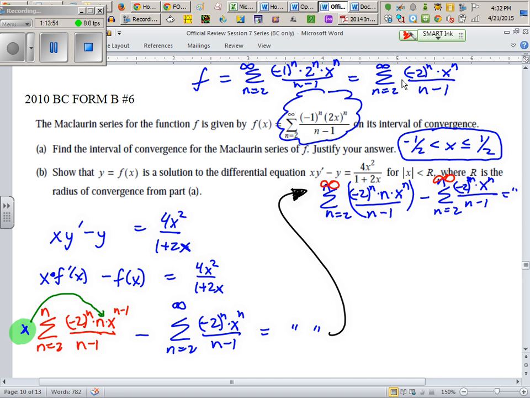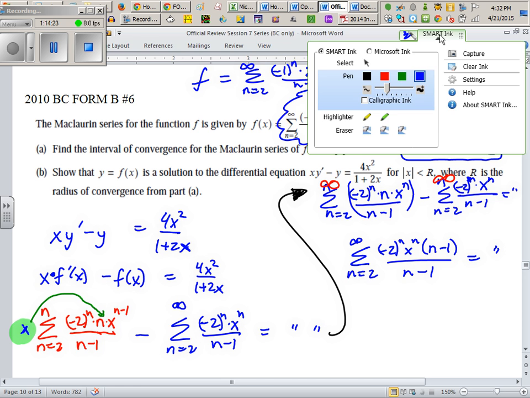So put it together into 1, n equals 2 to infinity, and we have negative 2 to the n x to the n times n minus 1 over n minus 1. I factored it. I pulled out the negative 2 to the n and the x to the n. And the n minus 1 cancels.